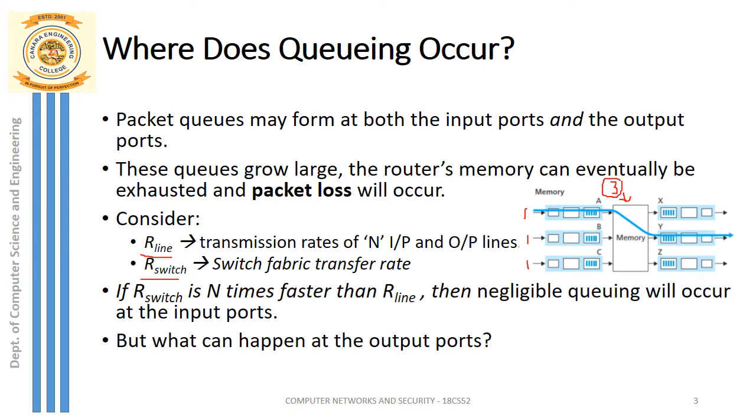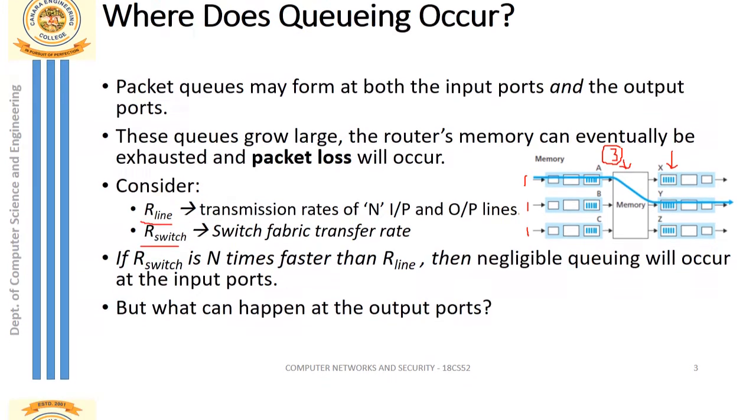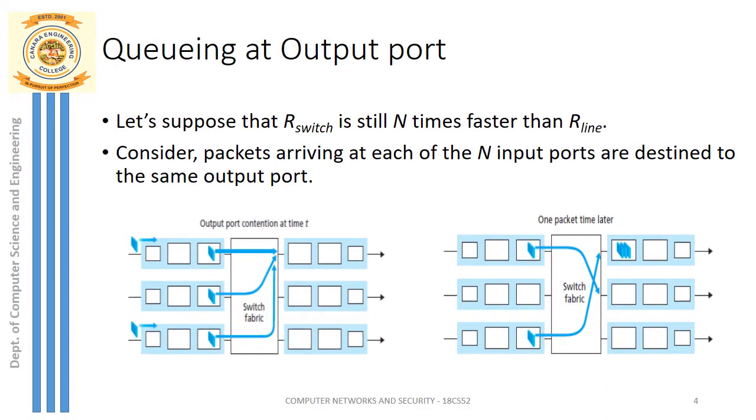But what happens at the output port? Normally the output port will not work as fast as the switching fabric. So the question is, what exactly happens at the output port? In order to understand queuing at the output port, let's suppose that R switch is still n times faster than R line.